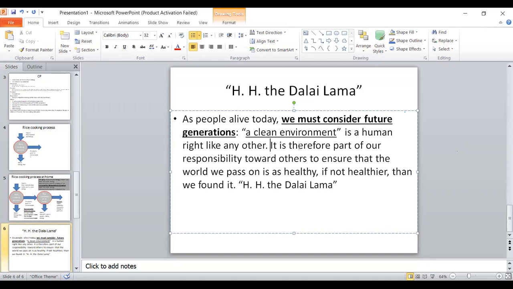There are human rights: free education, health facilities, housing. Every human must have these basics. So how about the environment? We are in this environment. So a clean environment is extremely important.